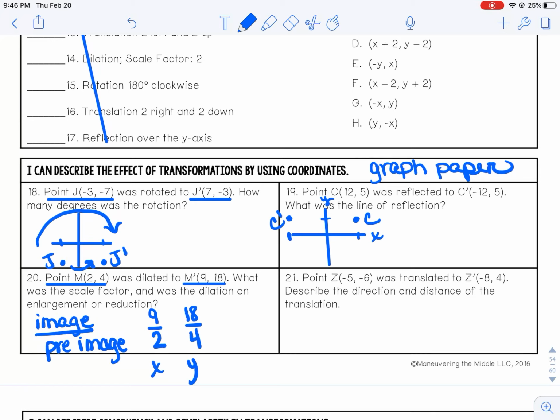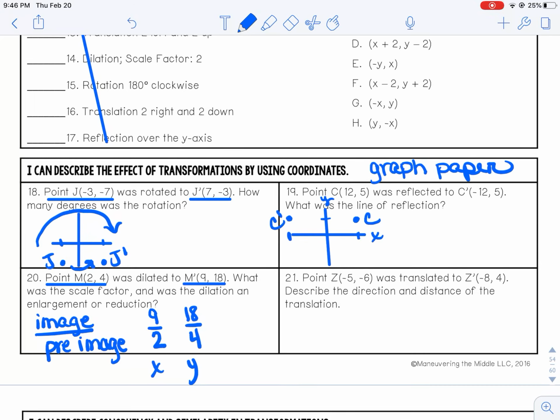Those are going to be equivalent once you simplify those. So find out what your scale factor is in simplest form. Even if you put it in decimal form, that's fine. And then tell me if it's an enlargement or a reduction. I'm assuming you're writing that answer very quickly.